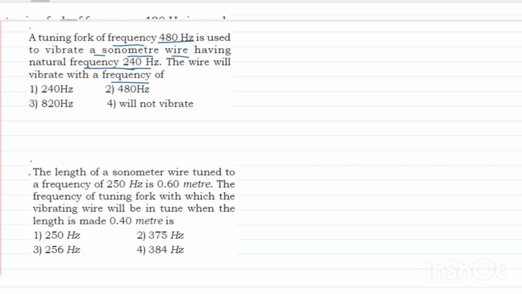Remember students, the sonometer works on the principle of resonance condition, that is, the frequency of the tuning fork will be equal to the frequency of the string.